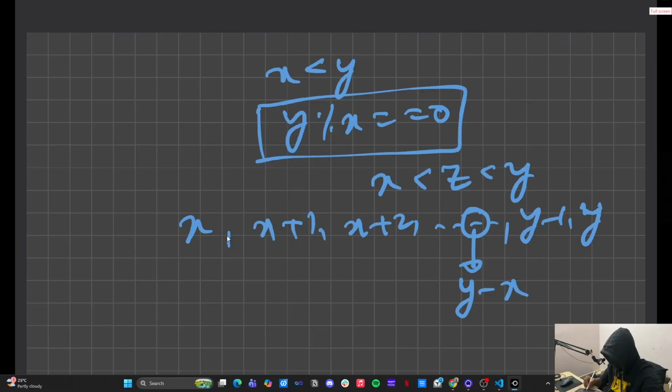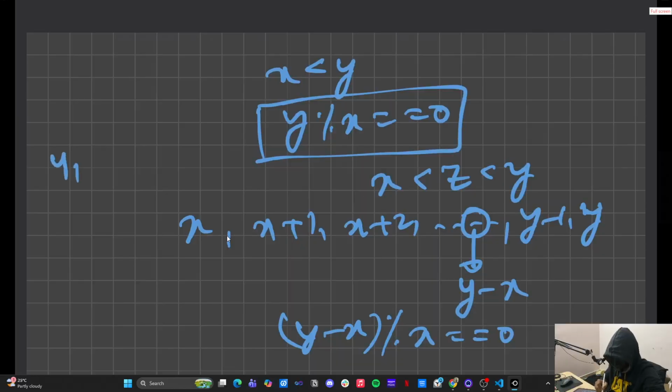This number I've got, y minus x. Since y is divisible by x and I'm moving one x distance backward, this y minus x will also be divisible by x, right? Let me try to take an example.